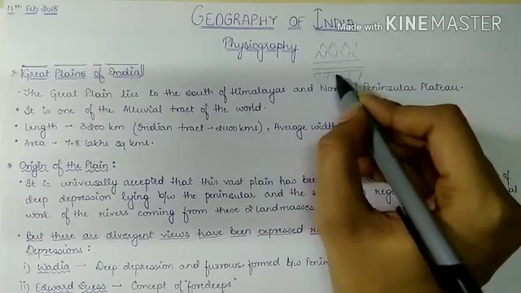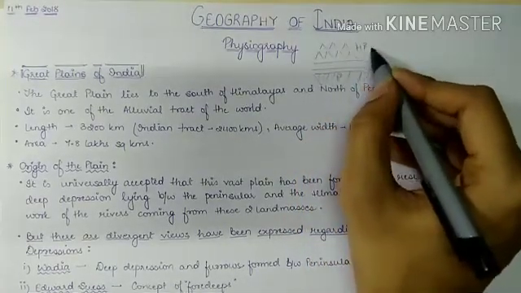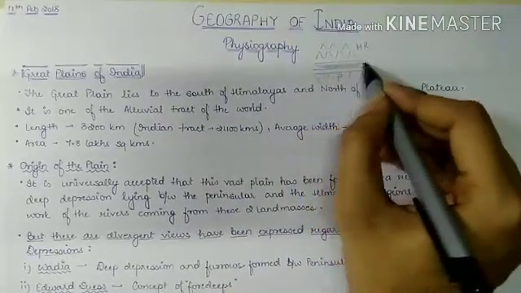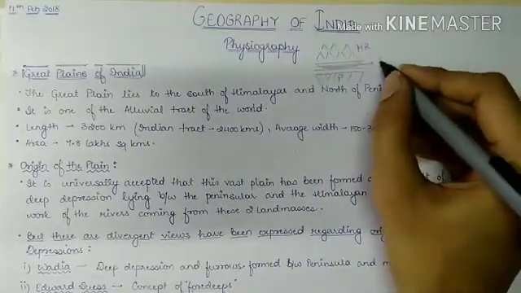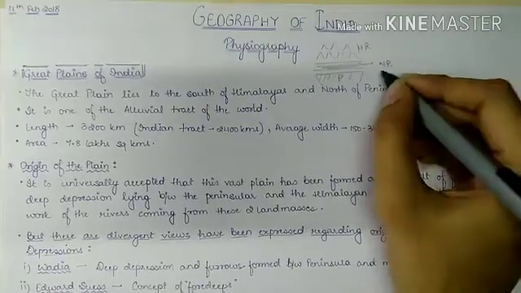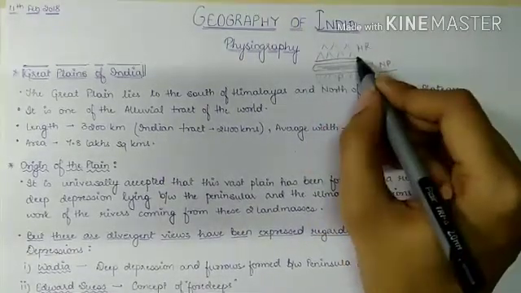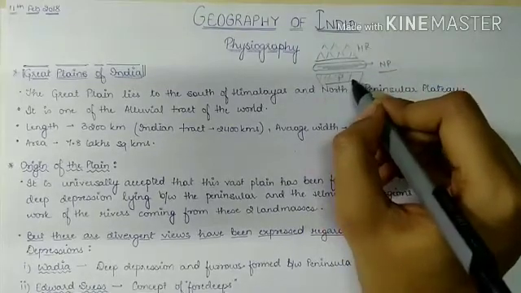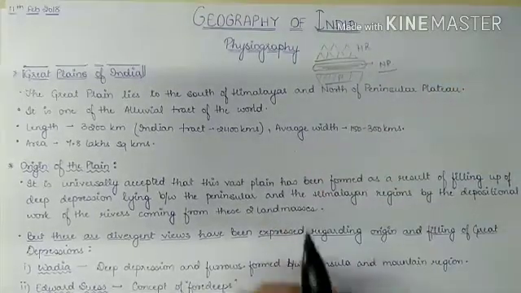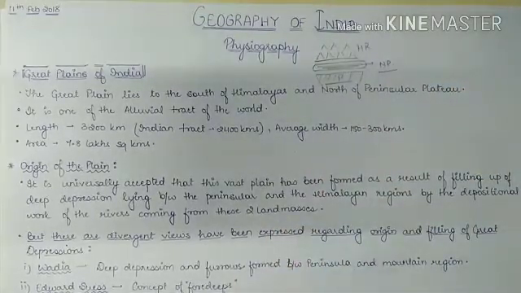This area is the Northern Plain. It is sandwiched between the Himalayas and the Peninsular Plateau. Now it is not even one of the, it is the largest alluvial tract of the world.